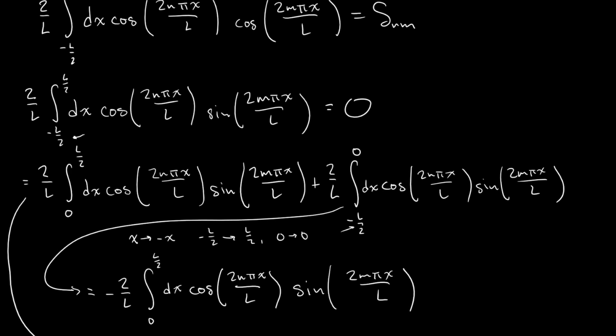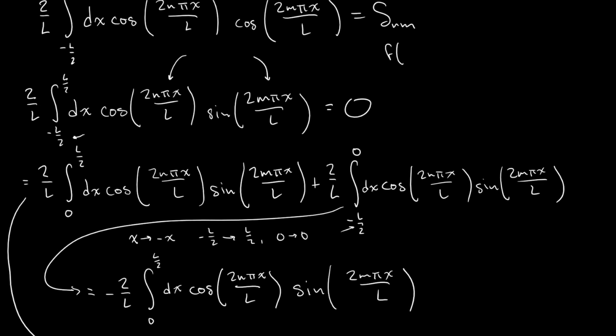I have a function which is symmetric multiplied by a function which is anti-symmetric, which overall gives me an anti-symmetric function. This is where the idea of even and odd comes from.